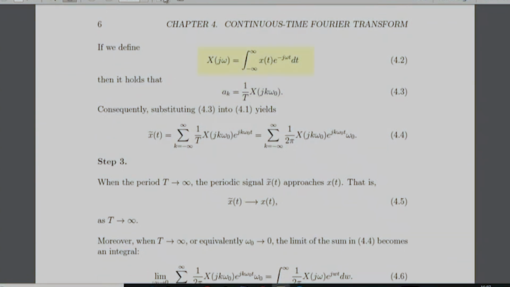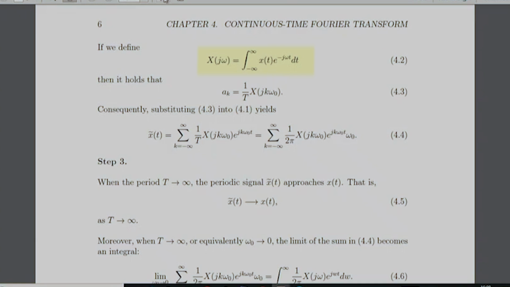What was X of j omega? Well, it turns out that when we look at the formula for the Fourier series, the a sub k, the value at k omega naught, was the integral of x of t e to the minus jk omega naught t. We integrate that over one period, but you can see that when you do this calculation, we can essentially view that integral as being from minus infinity to infinity.